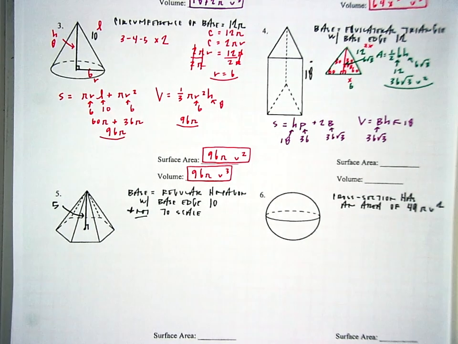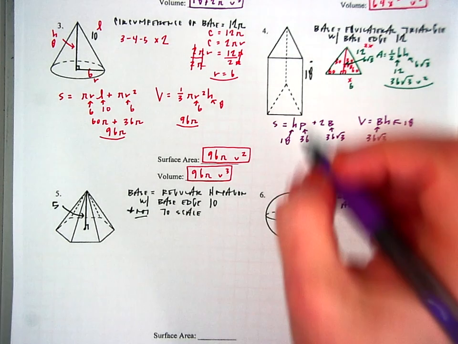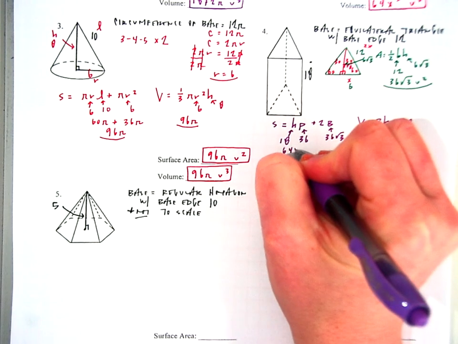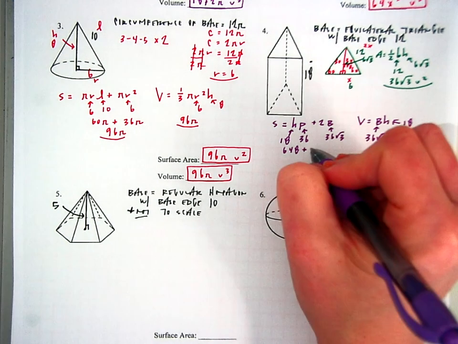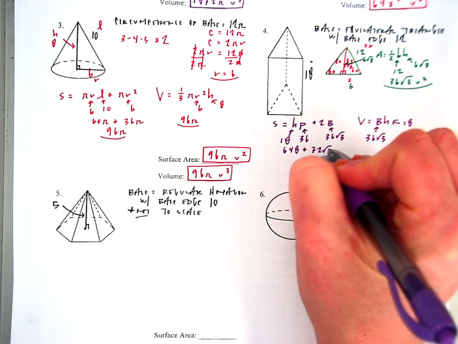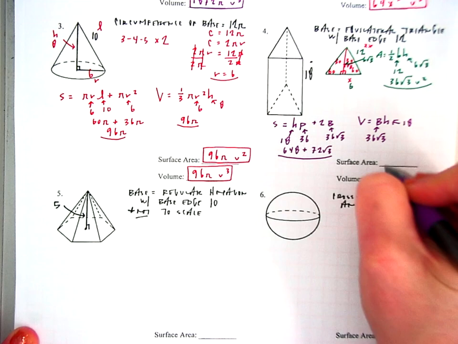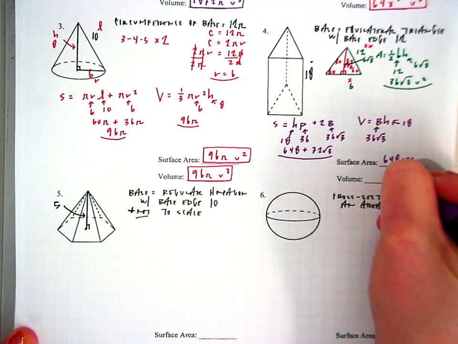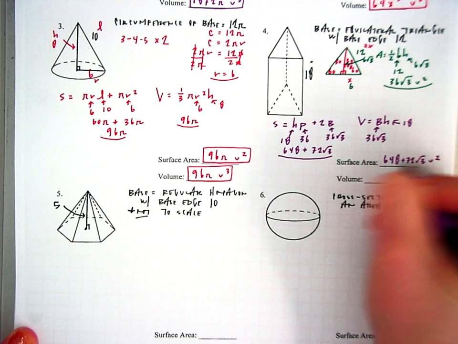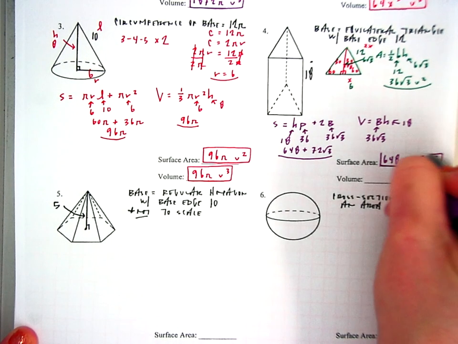So if I'm looking at surface area first, 18 times 36 gets me 648. And then my two base areas, I get 72 root 3. So 648 plus 72 root 3 units squared for the surface area.